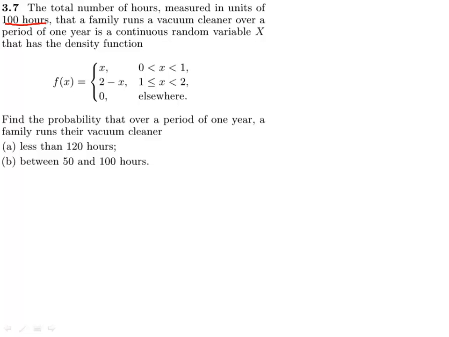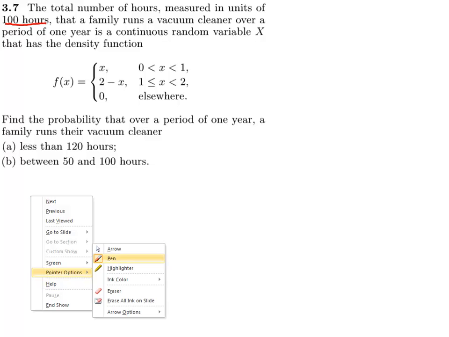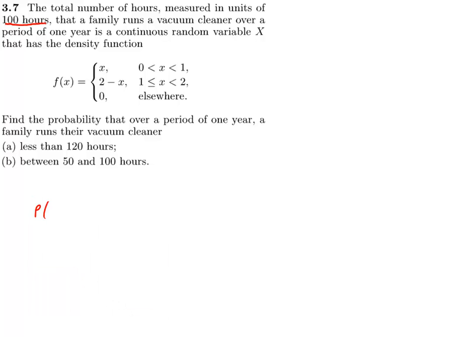If you solve the problem without taking that into account, you're going to obtain a probability that is greater than 1, like 100 and something. At that point, you know the probability is wrong, so you should be doing something wrong. Going back to this, we're going to take the limits. This is the probability of x being less than 1.2.